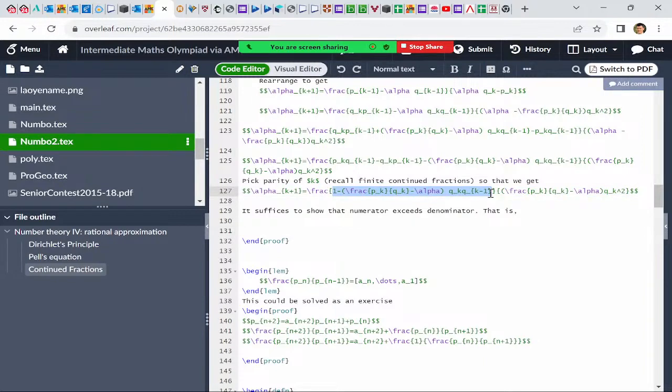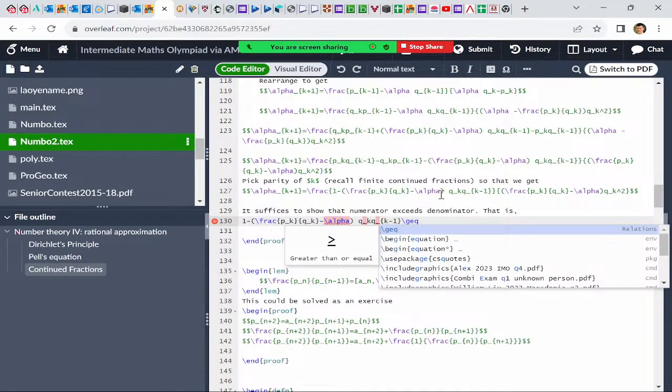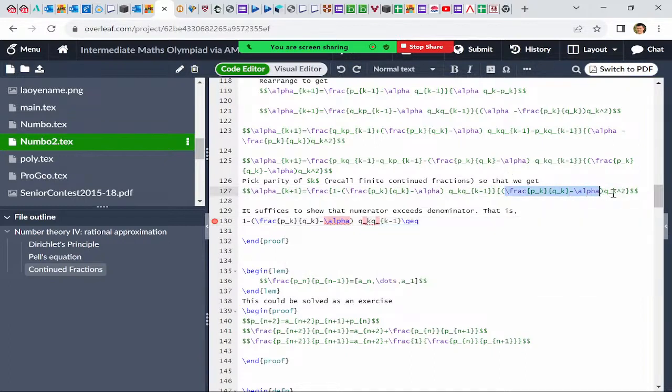So this thing here is greater than or equal to this thing here.